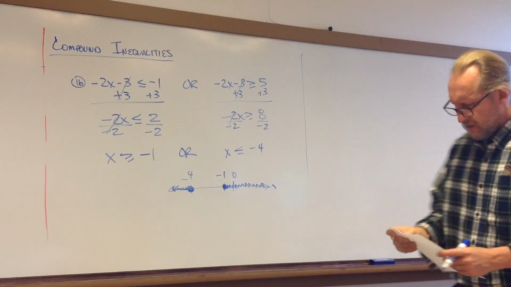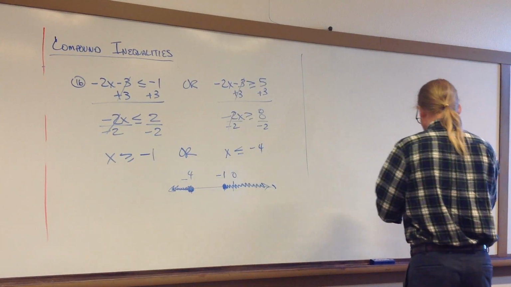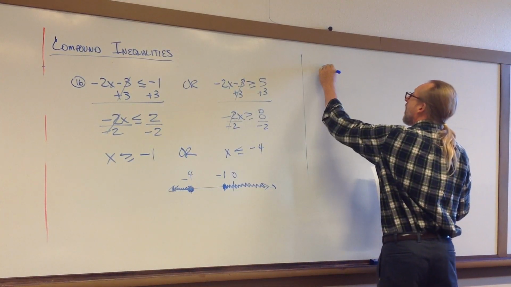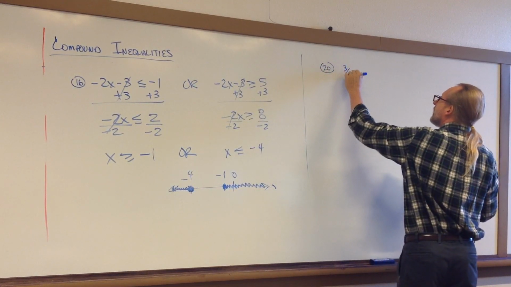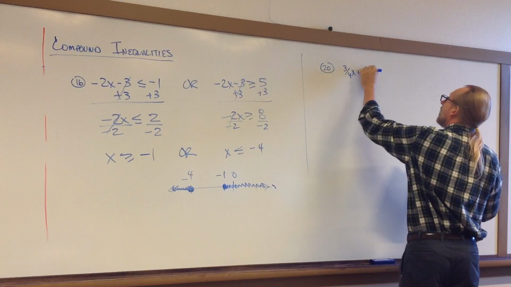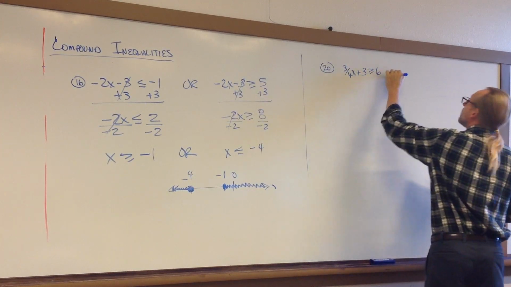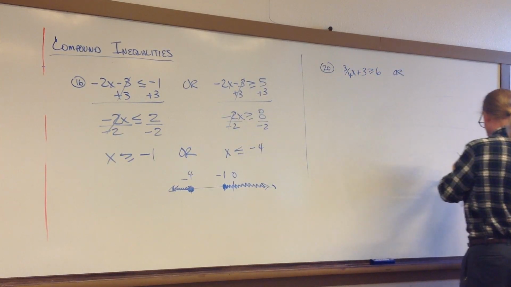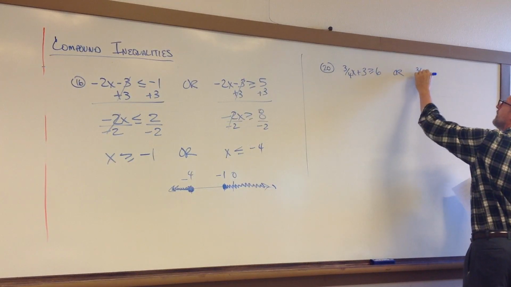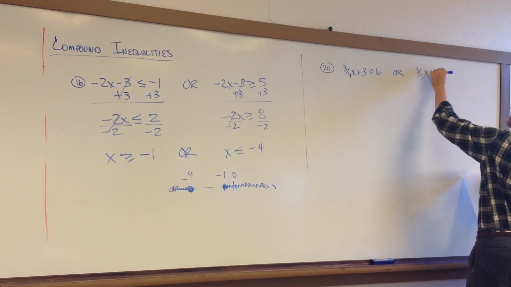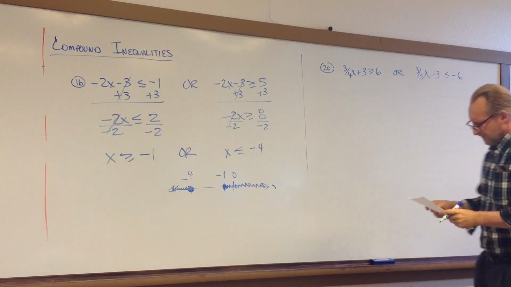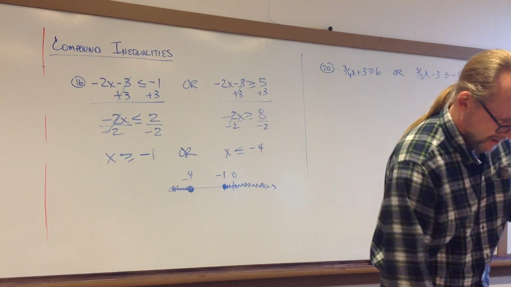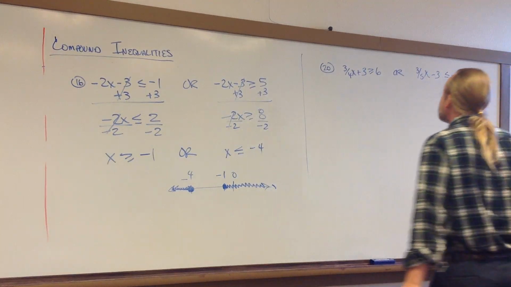Okay. Let's see what else we've got here. Let's do a fractions one, problem 20. Let's see, 3/4 x plus 3 greater than or equal to 6, or 3/5 x minus 3 less than or equal to negative 6. Okay, let's see here.